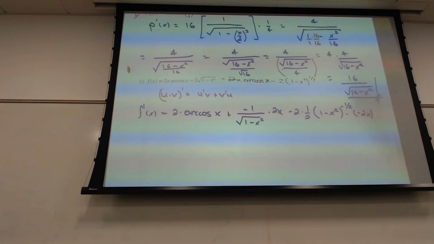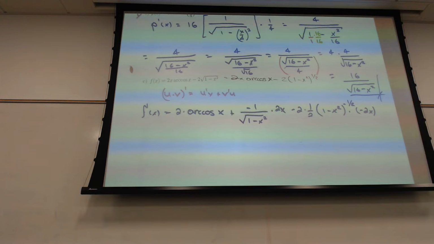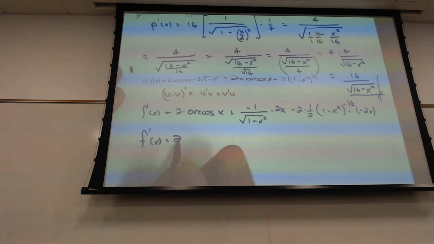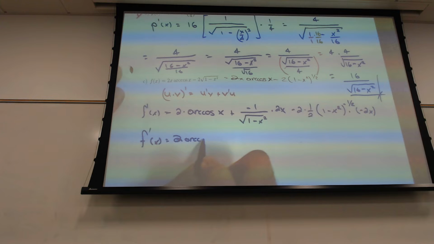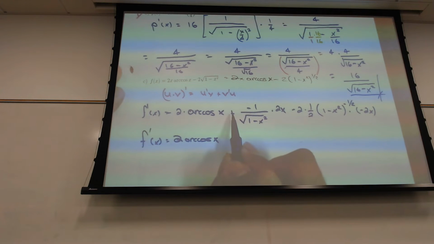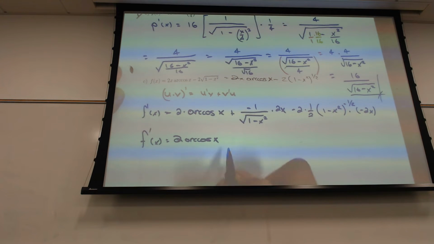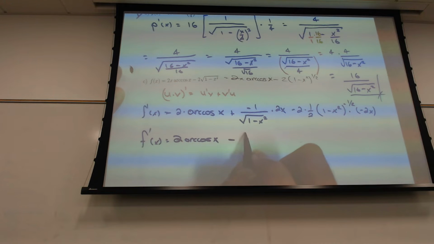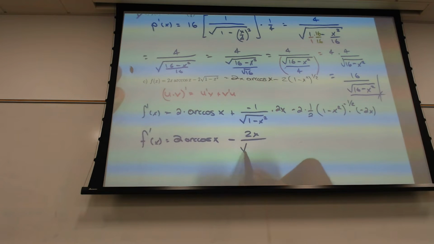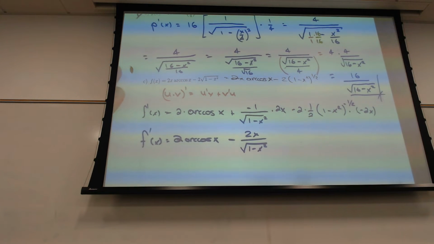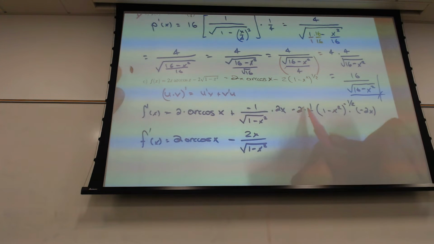So in this case, we're done with this one. Let's simplify this and be careful here. This will be 2 arc cos of x, and plus negative 2x over the square root of 1 minus x squared. And over here, notice how these twos cancel.